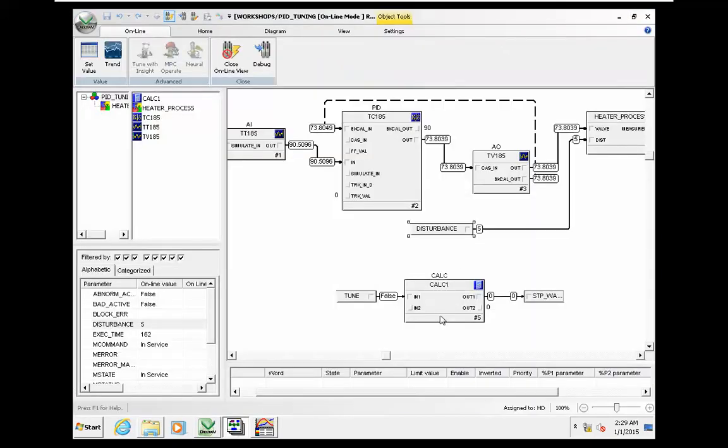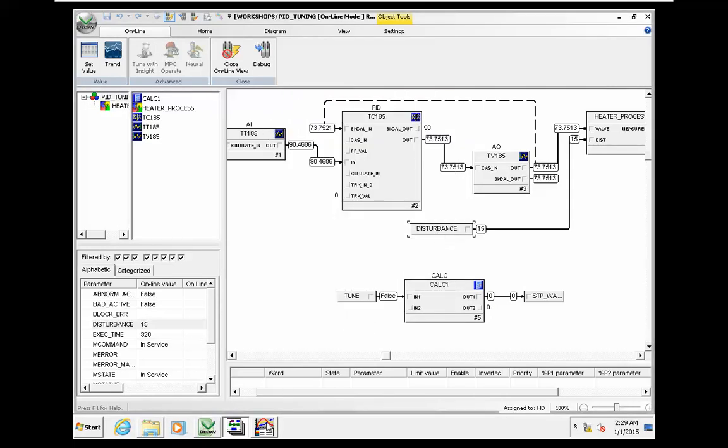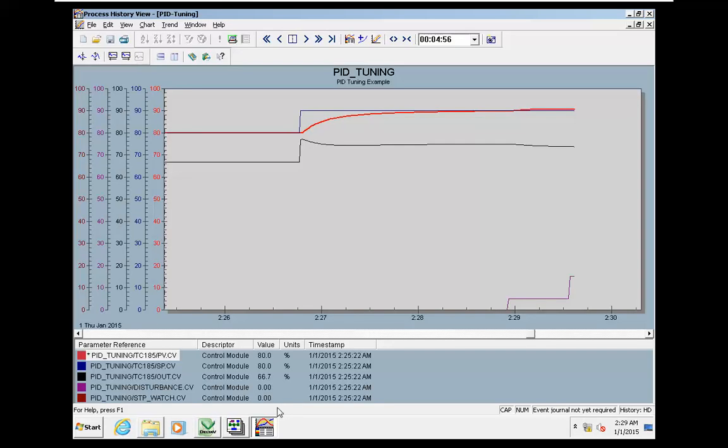If I make it a bigger disturbance, like 10 or 15, let's see what may happen here. It was a much bigger disturbance. You can see that the temperature is increasing and the valve is closing.